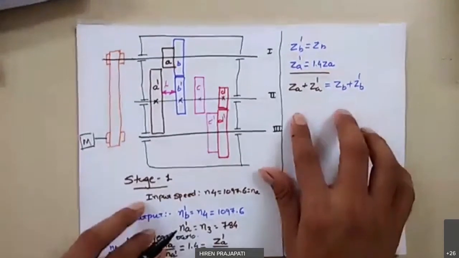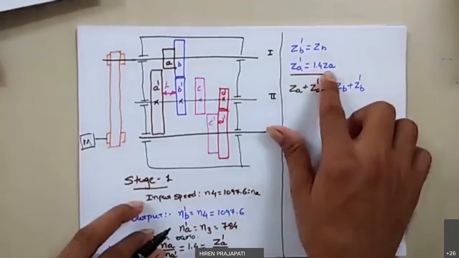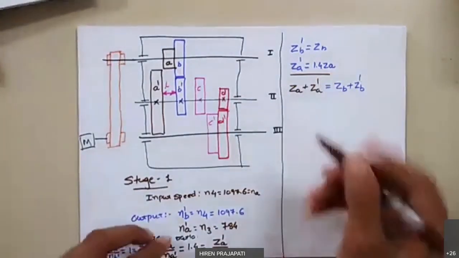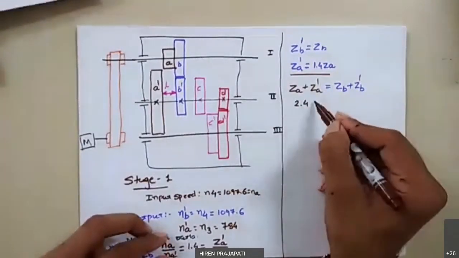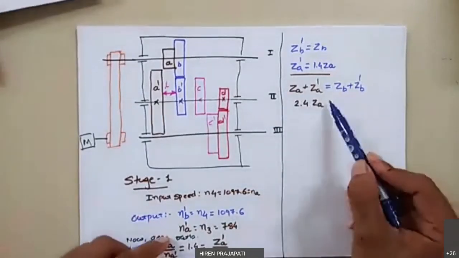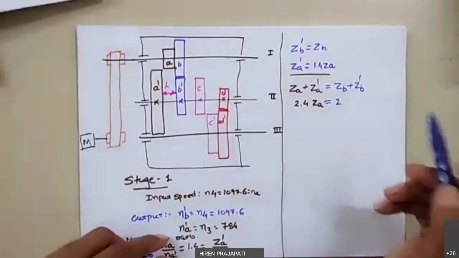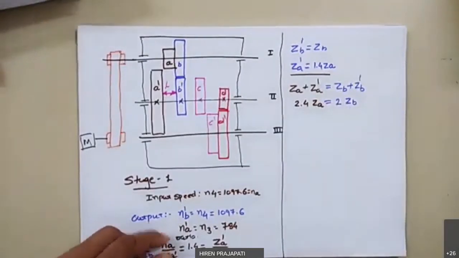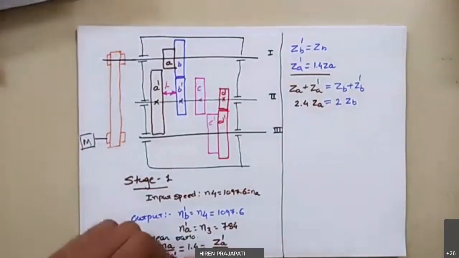So let us put ZA dash in terms of ZA from this equation. So overall we get 2.4 ZA, and ZB and ZB dash are both the same, so I can say here 2 times ZB. Fine.